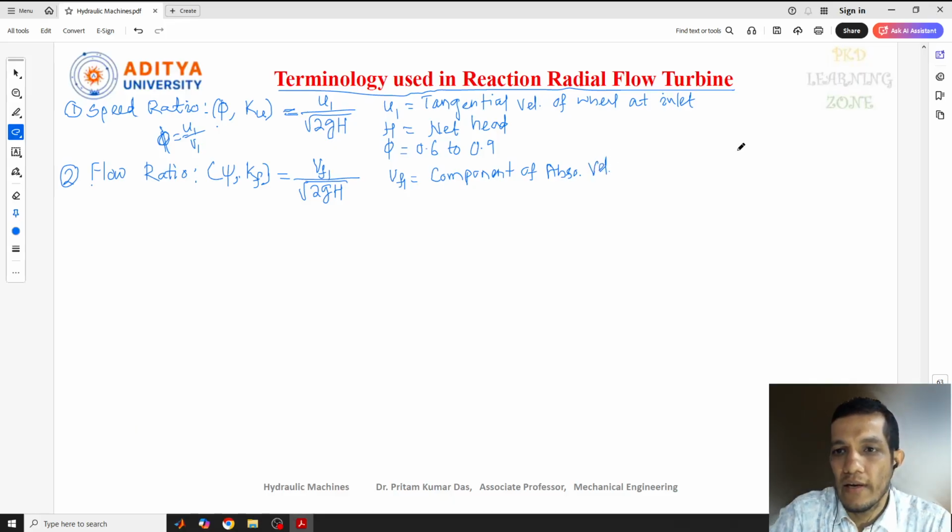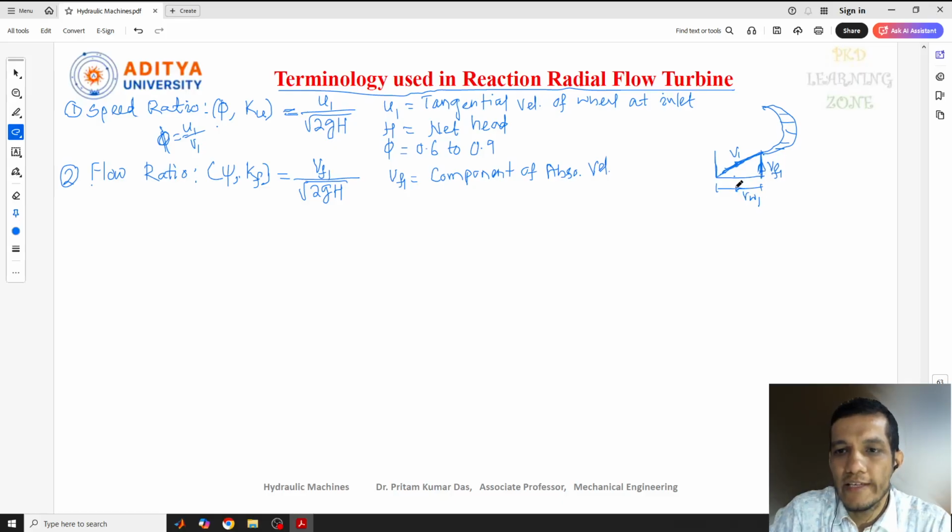Let me explain: suppose this is the blade, and the jet impacts the blade in this way. This is V1, called the absolute velocity. If I resolve this velocity in the x direction and y direction, this is our Vf1, and this is our Vw1.